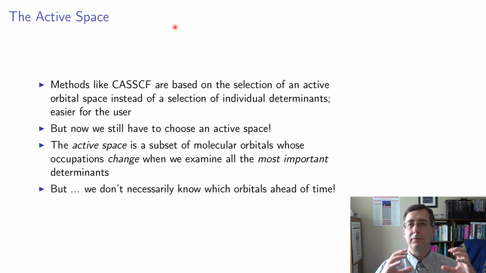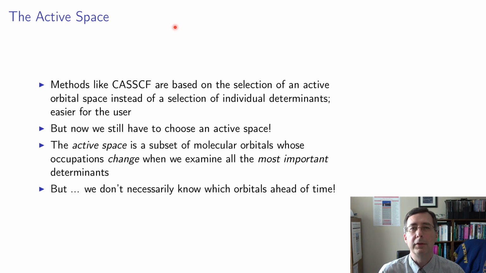It's not active, it's inactive. But if I look at my important list of 20 determinants and I see sometimes this orbital is doubly occupied, sometimes it only has one electron in it, maybe sometimes it has 0 electrons in it, if its occupation changes across the list, that's an active orbital and I need to include it in my active space.